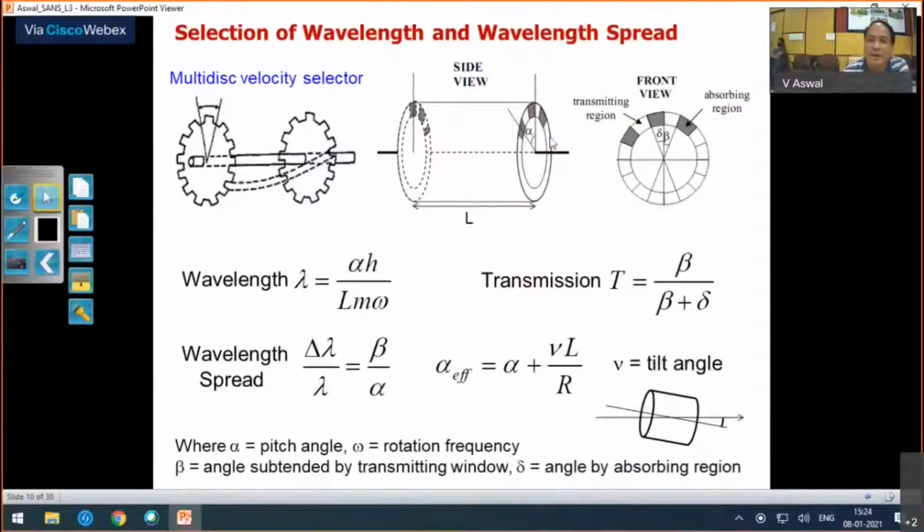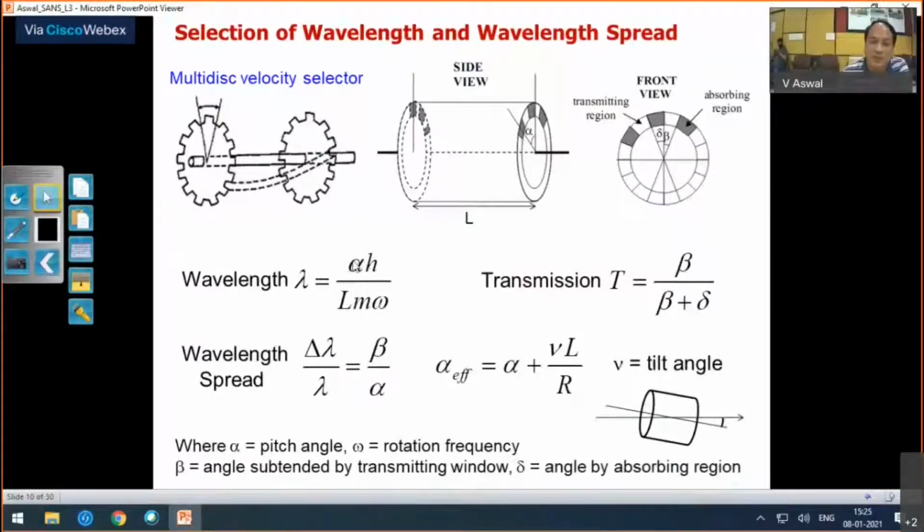And then in each disc you will have this kind of distribution, the passes through which the neutrons can pass, so the transmission region, and also a region where your neutrons are absorbed, and they are synchronized to give you helical slots.